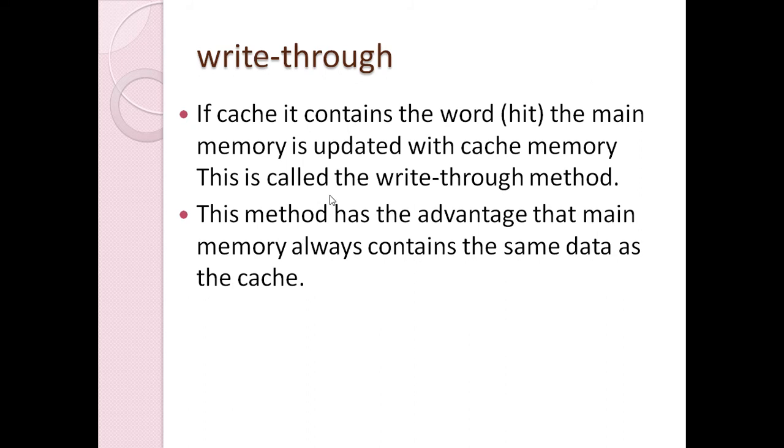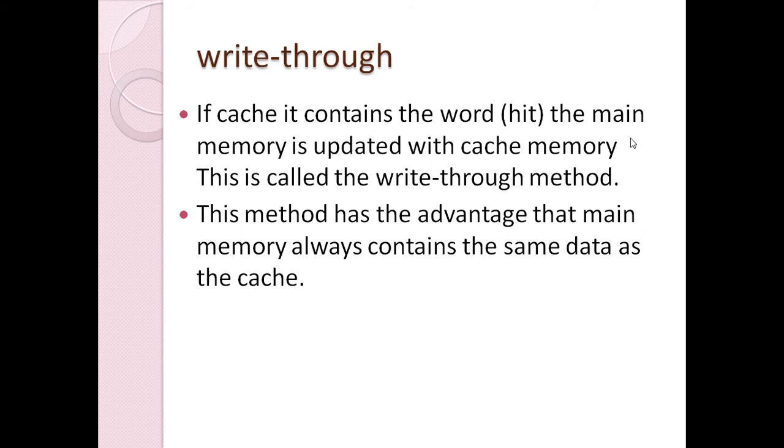In write through, if the cache contains the word, the main memory is updated along with the cache memory. This is called the write through method. It means the CPU is accessing some word. That word is also available in cache memory, and obviously it will be there in main memory also. Because this is a write operation, the CPU needs to update both main memory and cache memory.